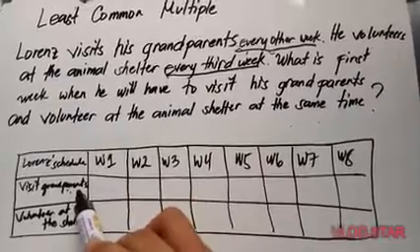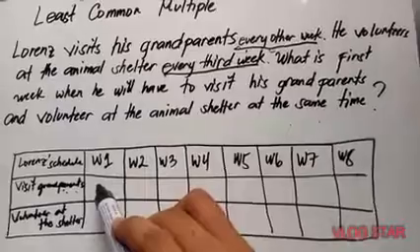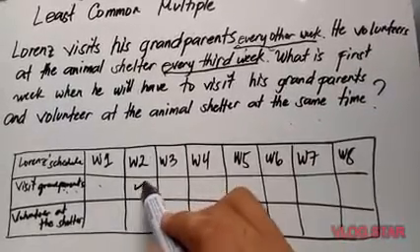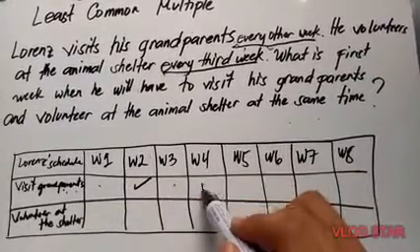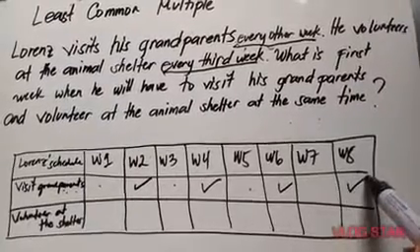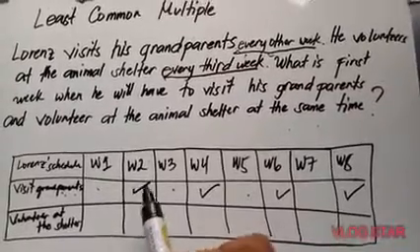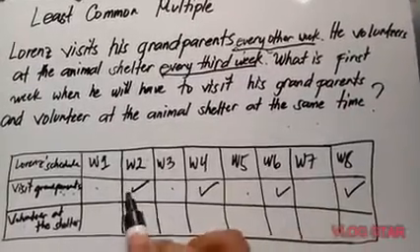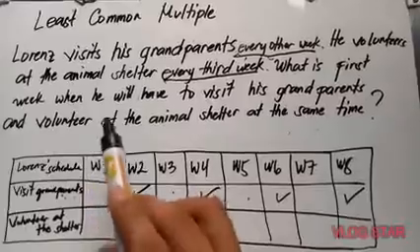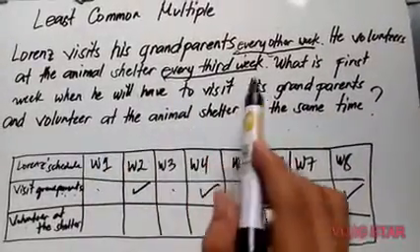Since he visits his grandparents every other week, let's mark week 1, then week 3, week 5, week 7, because he just visits his grandparents every other week. The next is for he volunteers at the animal shelter every third week.